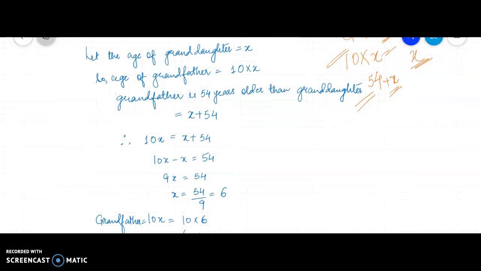So what we are doing is like this, 10x equals x plus 54, and from here we'll find the value of x. Now see, this x can be transposed to the left hand side, so it will become 9x equals 54. So x will become 54 by 9, that is 6.